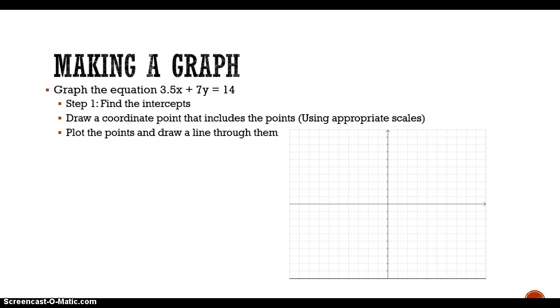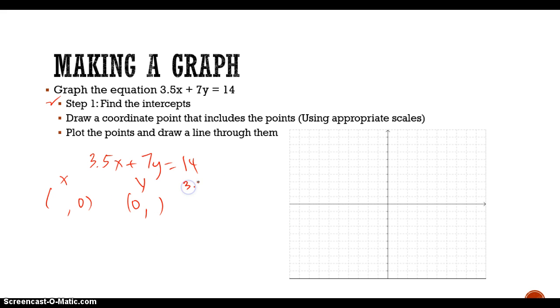So making a graph. Graph the equation 3.5x plus 7y equals 14. Okay, so step 1 is find the intercepts. So let's find those intercepts. So think about how we did that before. To find the x-intercept, we know we're going to plug 0 in for y, and to find the y-intercept, we're going to plug 0 in for x.